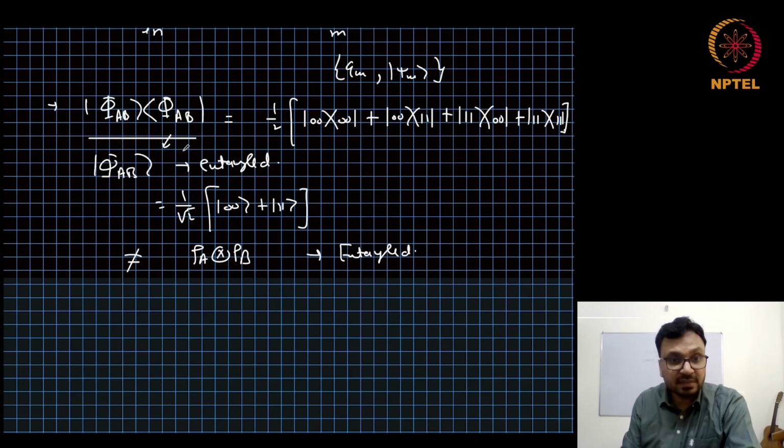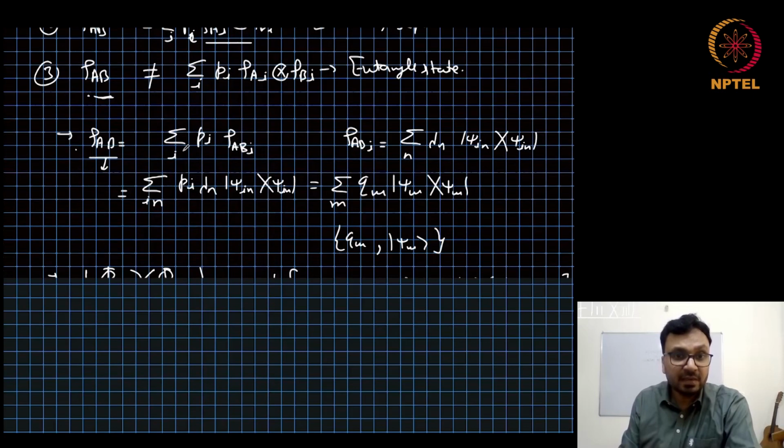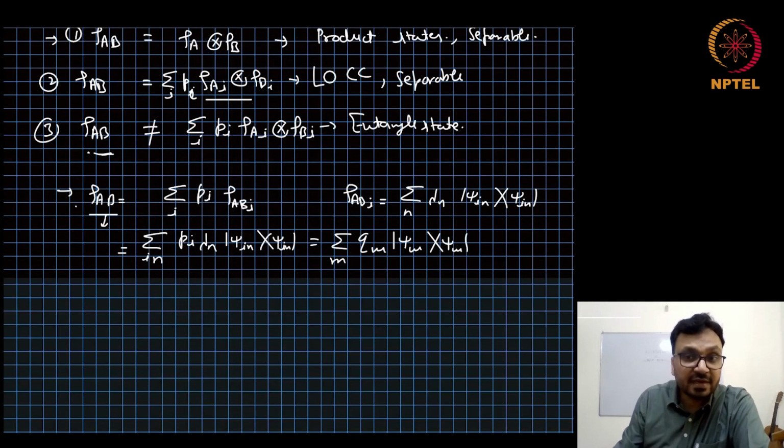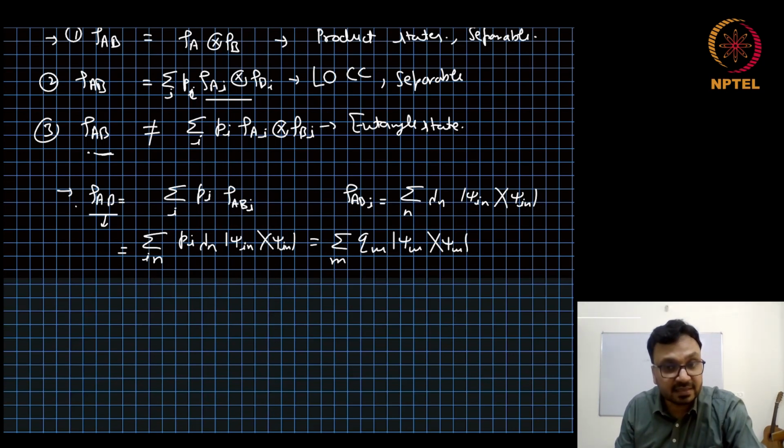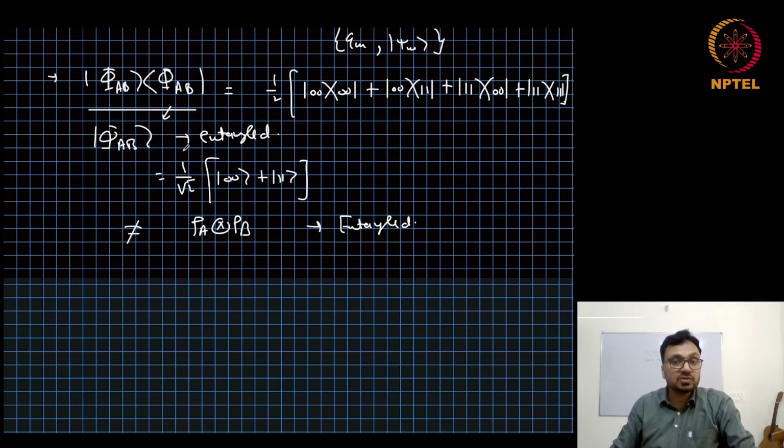So this state can be treated as an example of a state where the separable decomposition does not exist, and hence it is an entangled state. To prove that the separable decomposition does not exist, what we have used is that for a pure state, there is no non-unique preparation method. There is only one method, that is preparing the system in that pure state. And separable decomposition is a way of writing the preparation method.